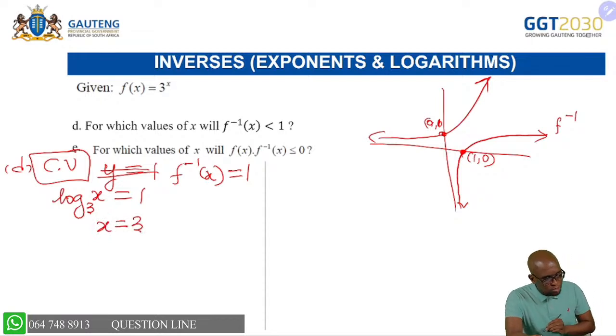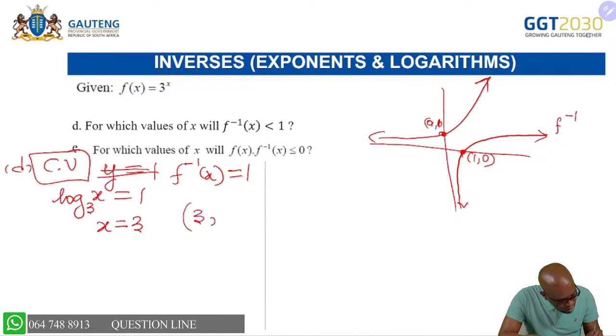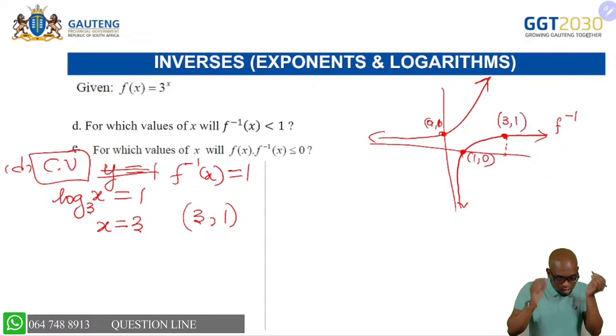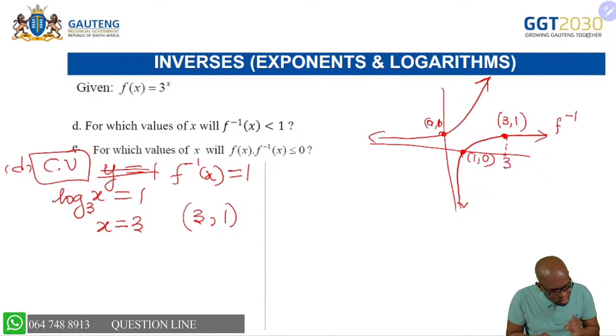So we get that when x is equal to 3, y is equal to 1. So we get a point where x is 3, y is 1. Now we have our critical value. We know that x is equal to 3.